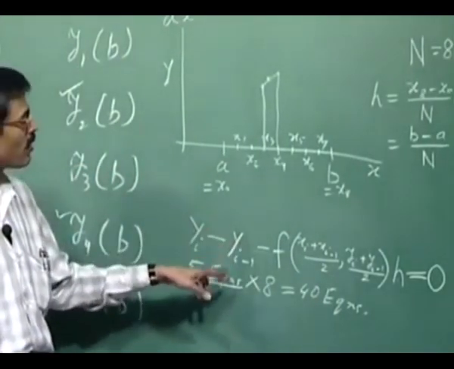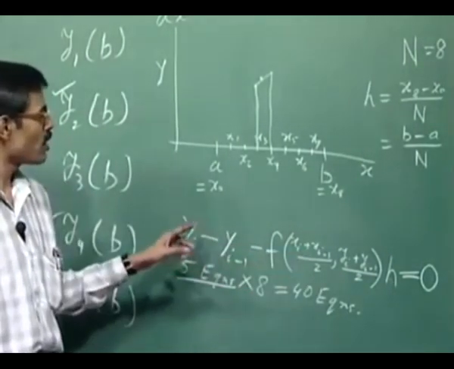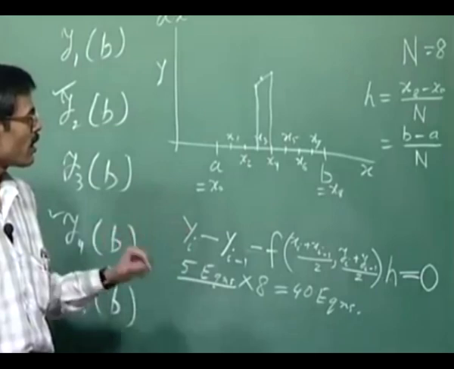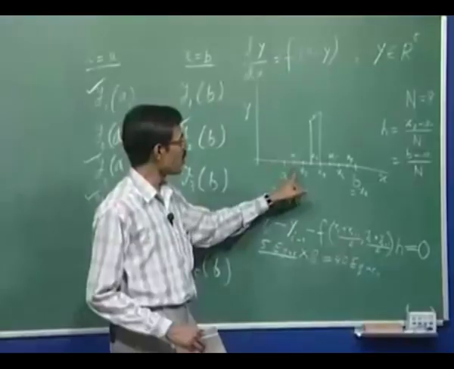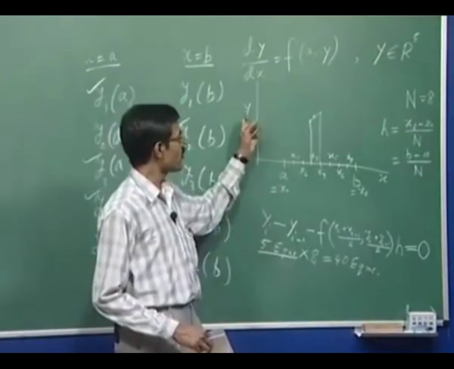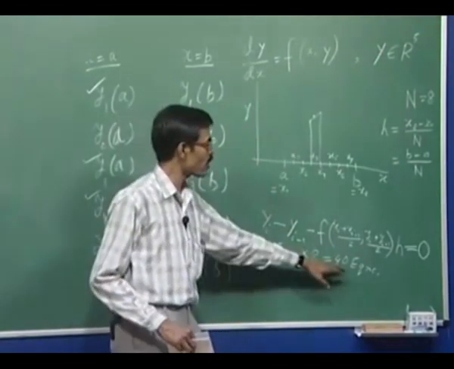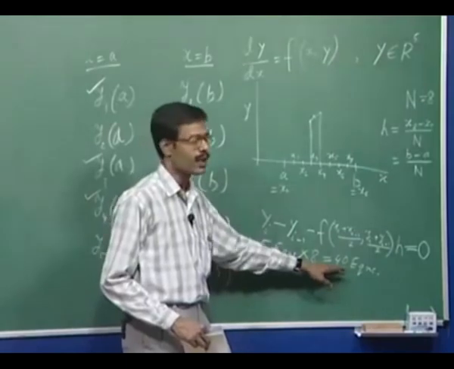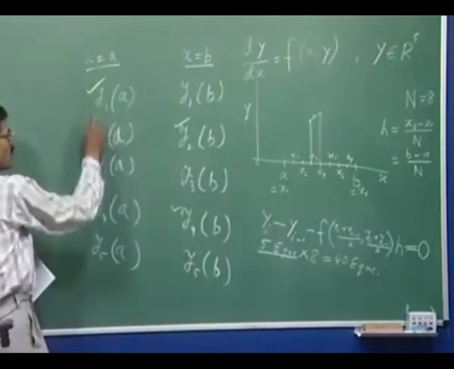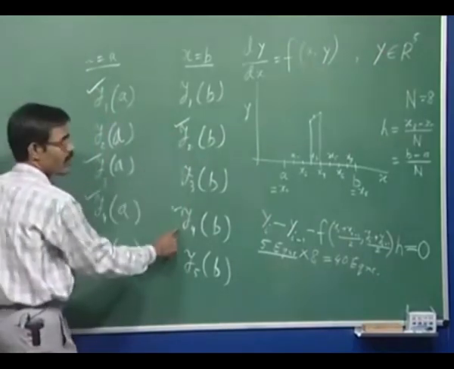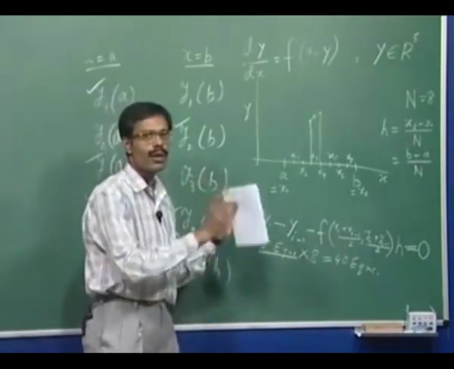The unknowns involve the values of y, values of x are known. So, you have got 40 equations, and how many unknowns are there? There are 9 points, at each point there are 5 unknowns, that means 45 unknowns. 45 unknowns, 40 equations, 5 equations less. Those 5 equations you get from here, 1, 2, 3, 4, 5. 5 conditions are given. So, 45 equations in 45 unknowns you can solve.